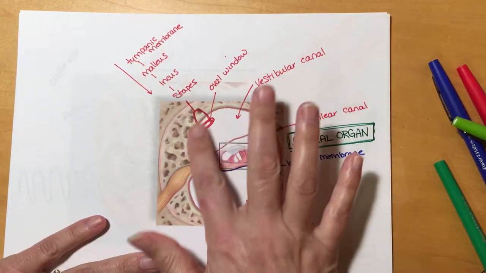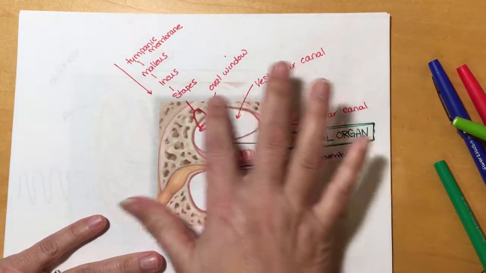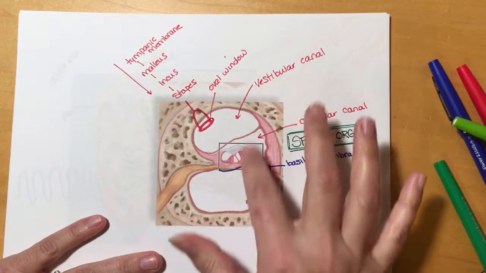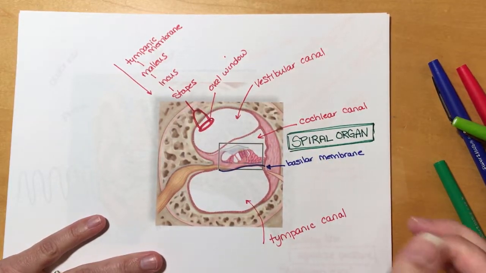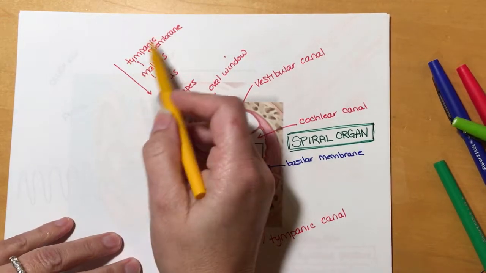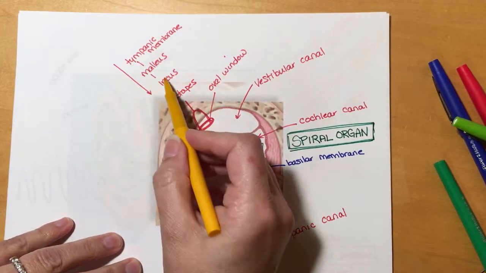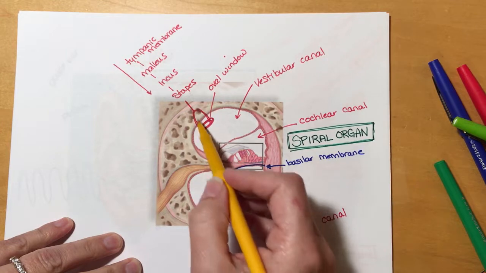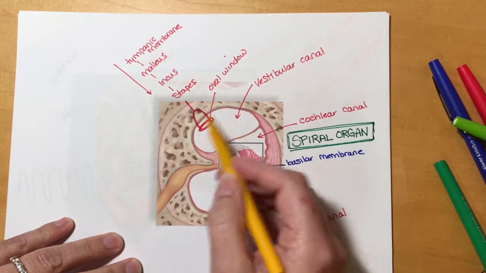Okay, so we have fluid, three chambers, bone around it, and some membranes in between the chambers. How this works is the tympanic membrane vibrates, it pushes against the malleus, incus, and stapes, and the stapes hits against the oval window.